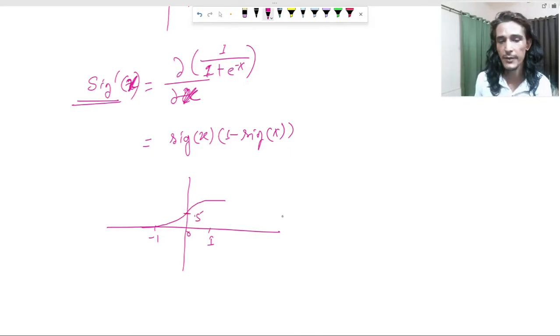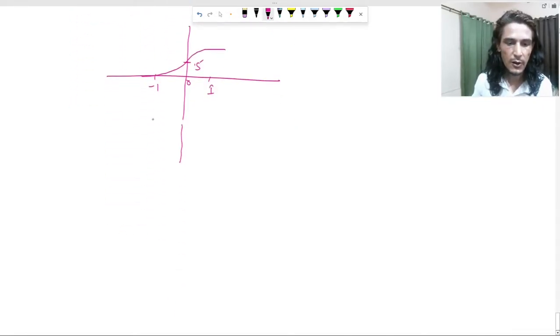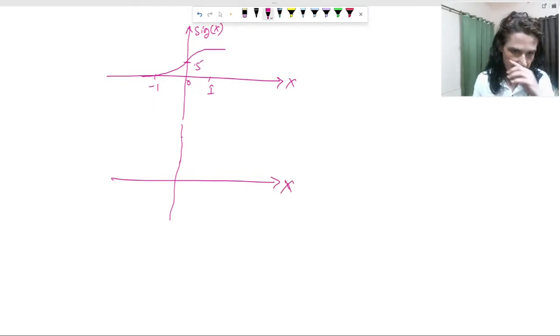Now suppose I want to plot the rate of change of this sigmoid function. Here, this is your sigmoid of x versus x. Now I want to plot x versus the rate of change of sigmoid of x.